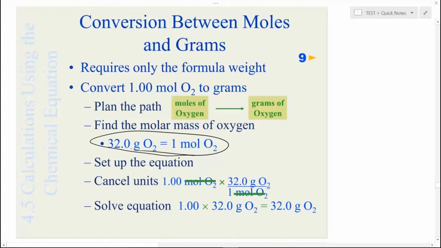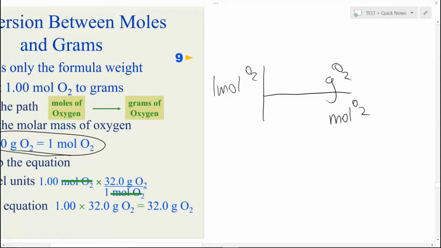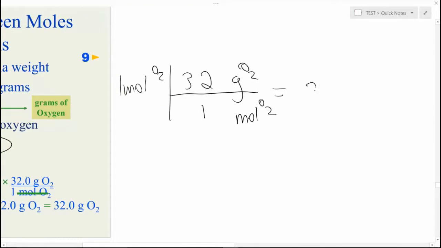So just like we would do for anything else, I'm going to convert 1 mole of O2 to the grams of O2 from the moles of O2. There's 32 grams in every 1 mole. So 1 mole of oxygen equals 32 grams of oxygen, which seems kind of obvious, but the process is what's important here.